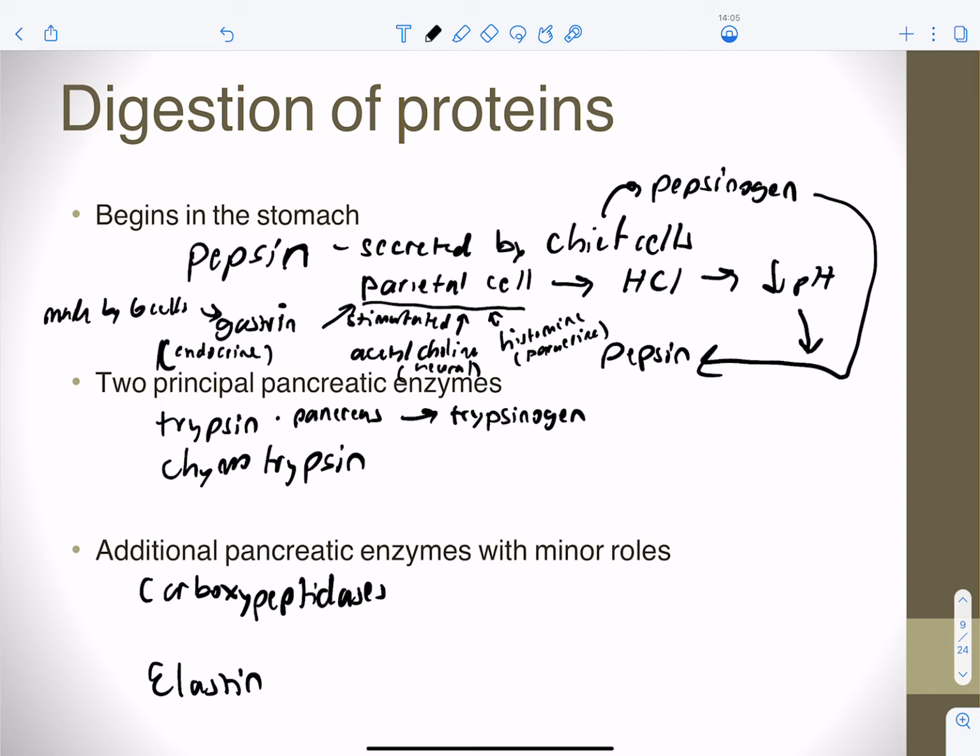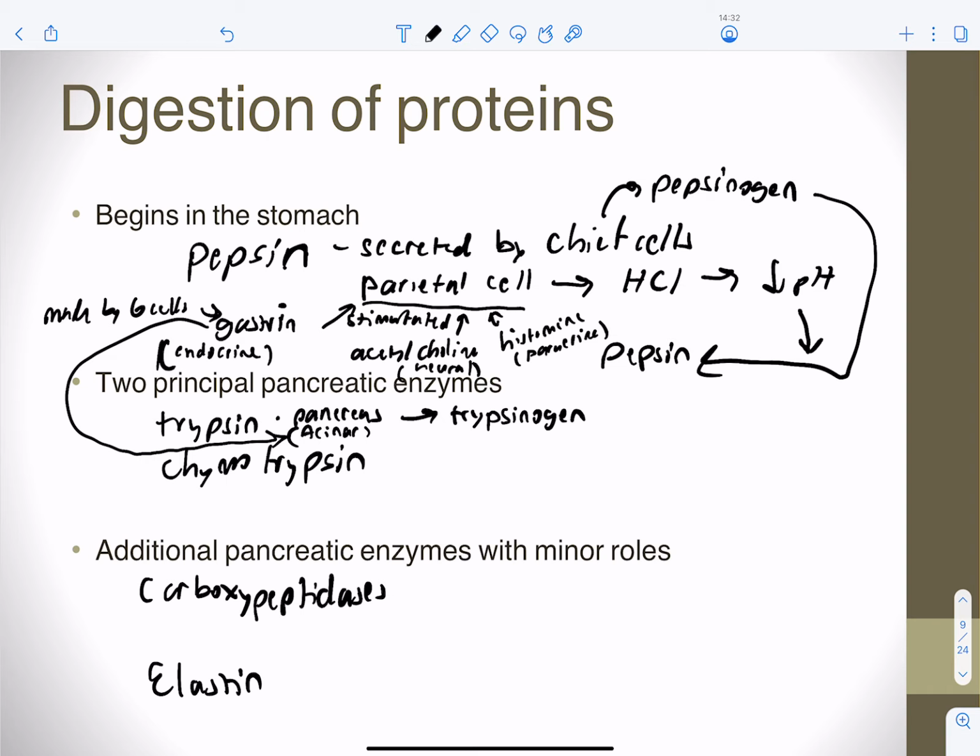And then this is made by, of course, the acinar cells of the pancreas. And the gastrin is going to stimulate the acinar cells to release these digestive enzymes. So we have gastrin again, which triggers the release of the enzymes from the pancreas.